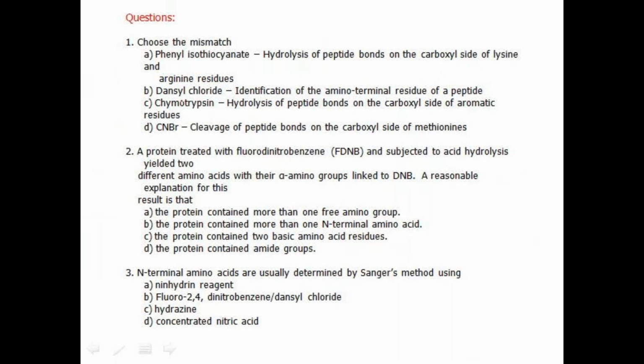B, diacetyl chloride, identifies the amino terminal residue of a peptide. Chymotrypsin hydrolyzes peptide bonds on the carboxyl side of aromatic residues. CNBr, cyanogen bromide, causes cleavage of peptide bonds on the carboxyl side of methionine. Which one is the incorrect option?